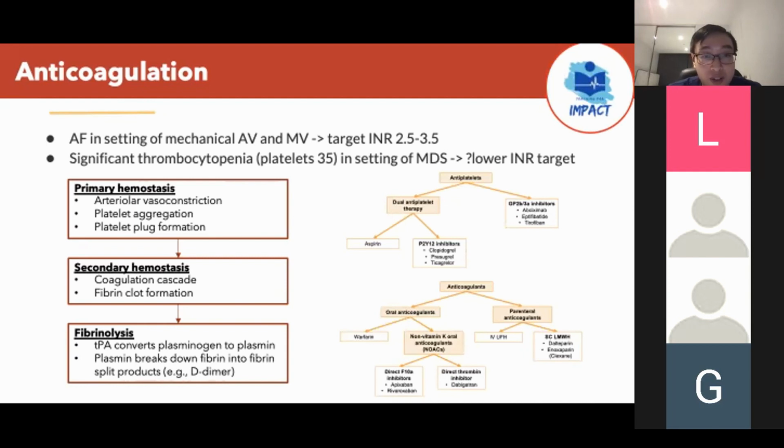The first step, primary hemostasis, involves platelets. Classically, the endothelium of a blood vessel is breached, and this exposes platelets, which usually reside in the bloodstream, to the subendothelial matrix, just under the endothelium that lines blood vessels.